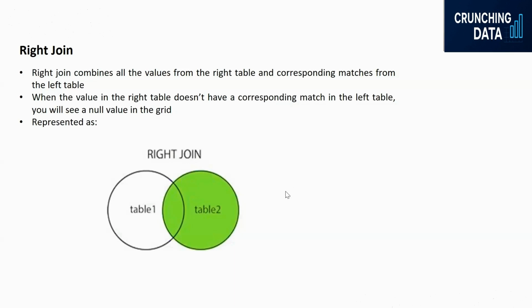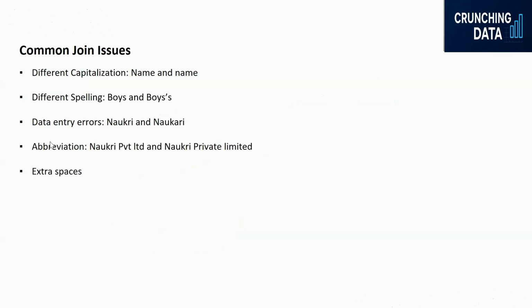Null values have always been an issue with joins. So let's see some other common issues that we face when we are creating joins. For example, the first one is different capitalization. If you have data sets that represent the same value in different cases, that is upper and lower case, then it can create a problem for us. The second one is different spelling.